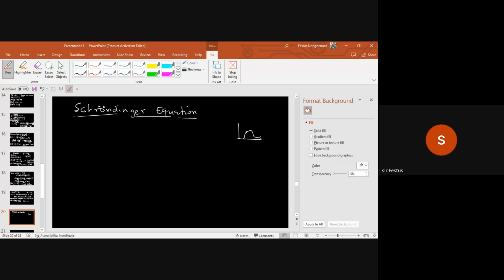Wherever you have the maximum of the curve tells you that in that range, locating the particle is more likely than at the extremes, that is the end parts. So that is what the equation is about. We will get to understand it better. This equation is in two aspects.